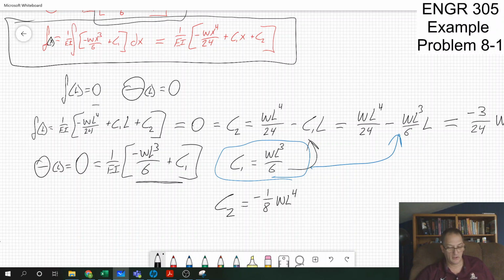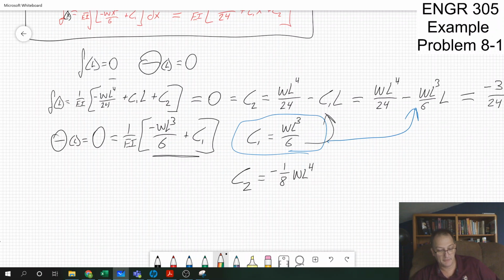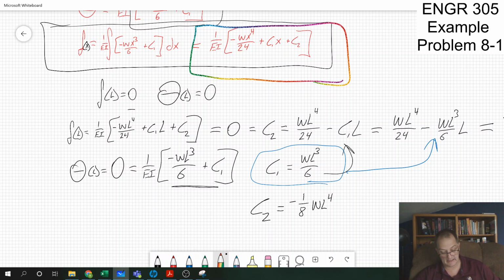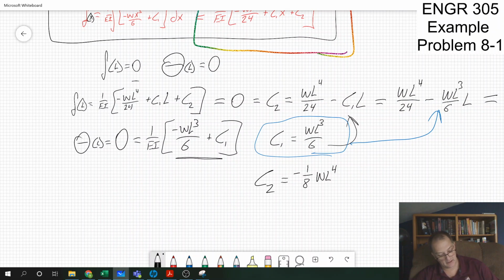Now I should rewrite this equation with my constants plugged in, because that's the beauty of this.